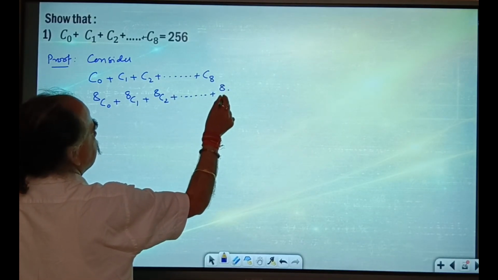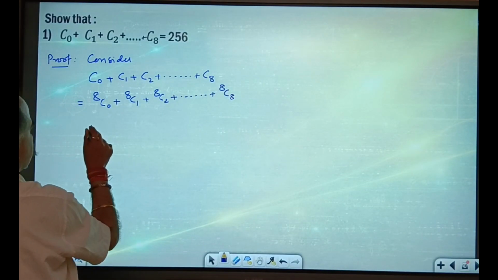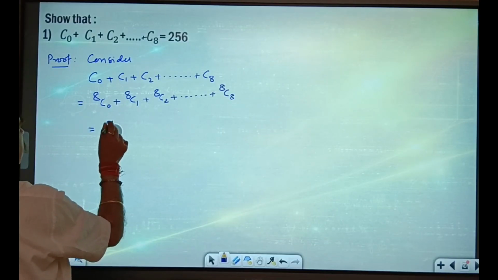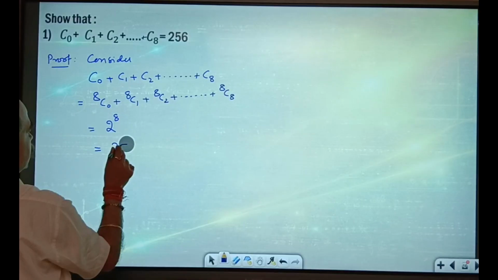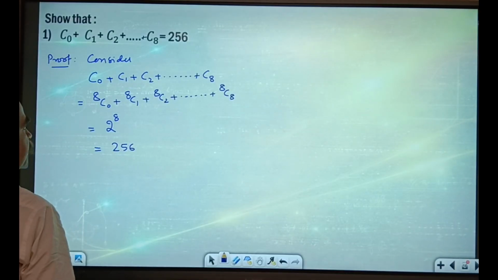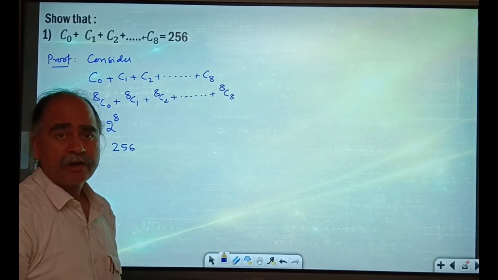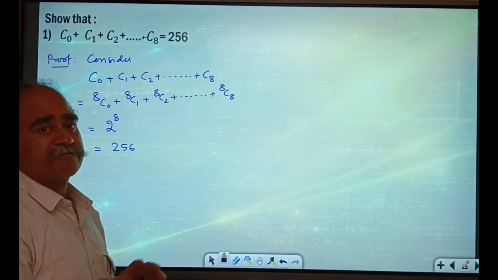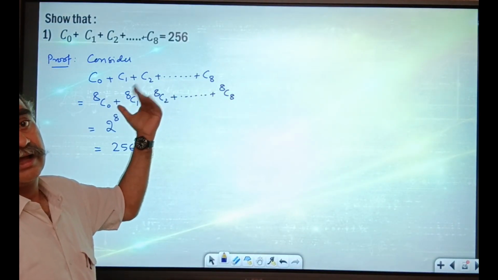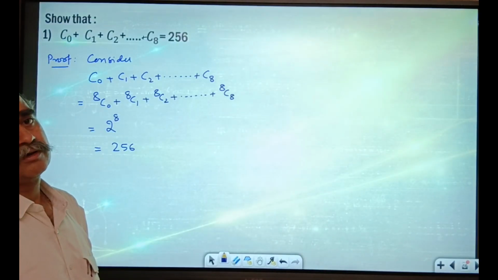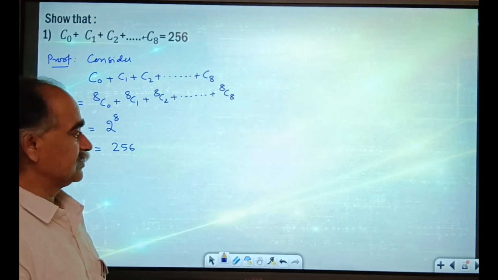The last one is 8C8, which is the same as 2 to the power 8. 2 raised to 8 is what? 256. Or if you want to prove it fresh, then you can take 1 plus x raised to 8, and later on you replace x with 1. You will get the same.